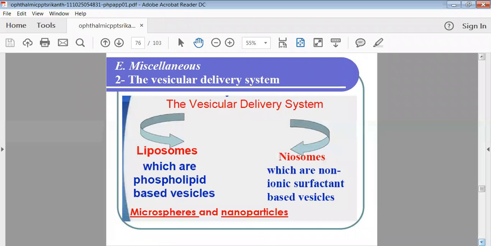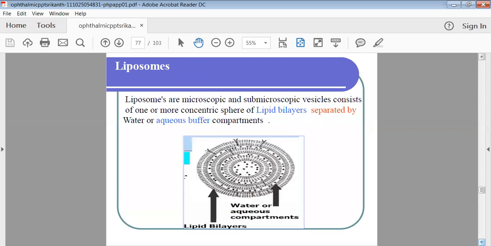Then some vesicular systems are there, like liposomes and niosomes. It is also a modified technology for treatment purposes. Liposomes are vesicle-type material, phospholipid in nature, containing the drug inside the vesicles. Then niosomes are also there, which are non-ionic surfactant based vesicles. This is the structure of liposomes.